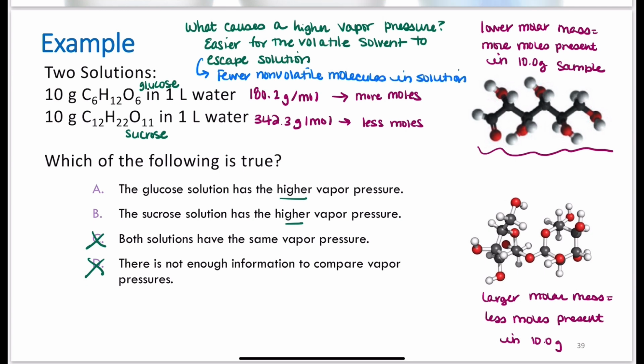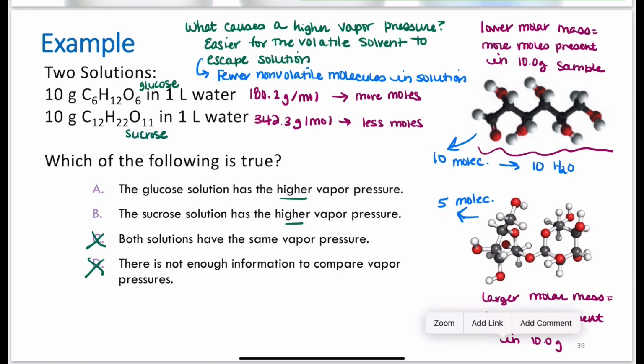I know these are not the right numbers, but let's just pretend, okay? Let's say I've got 10 molecules present here, and I have 5 molecules present here. Again, these are not the right numbers. I know it's bigger than that, but let's do it simplistically. Let's say 342 is about double 180. It's slightly off that. So let's say 10 molecules of glucose to 5 molecules of sucrose. Let's say each molecule can hold back 1 solvent molecule. That means that these 10 glucose could hold back 10 water molecules.